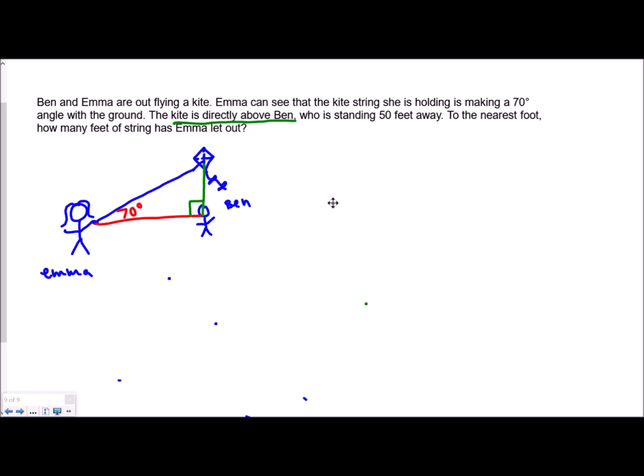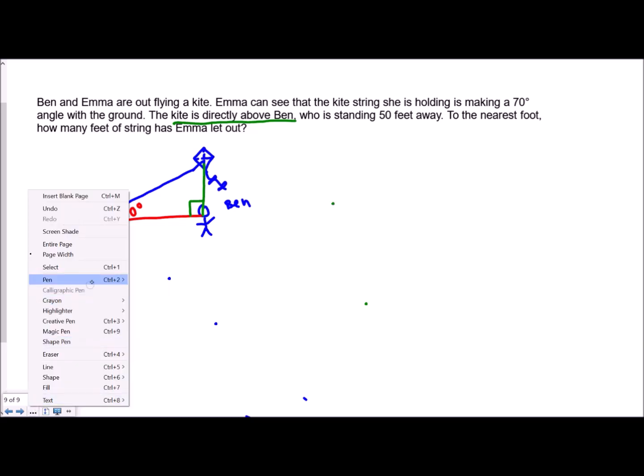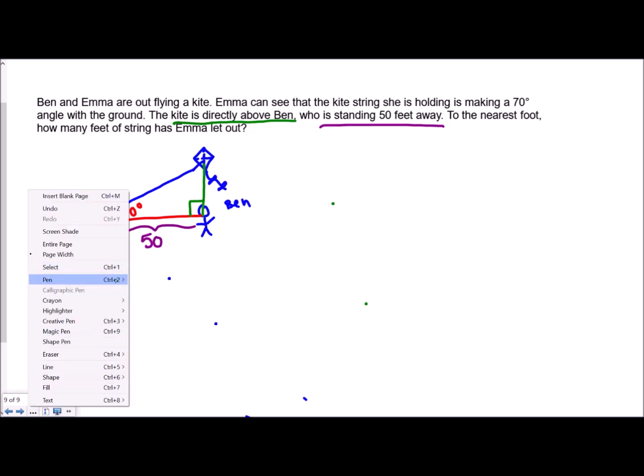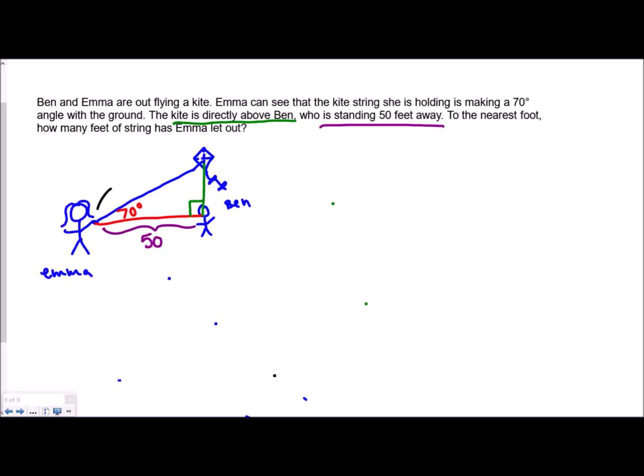Okay, he is standing 50 feet away. 50 feet away corresponds to this guy right there. Then it wants to know how many feet of string has Emma let out. That's going to be this last piece up here, and that's our unknown.